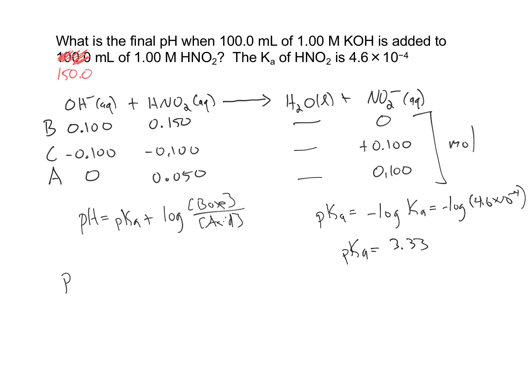And so then to finish the pH, it's going to be the pKa plus the log of the base, which is the nitrite ion, over the acid, which is the nitrous acid, and I get a pH of 3.63.